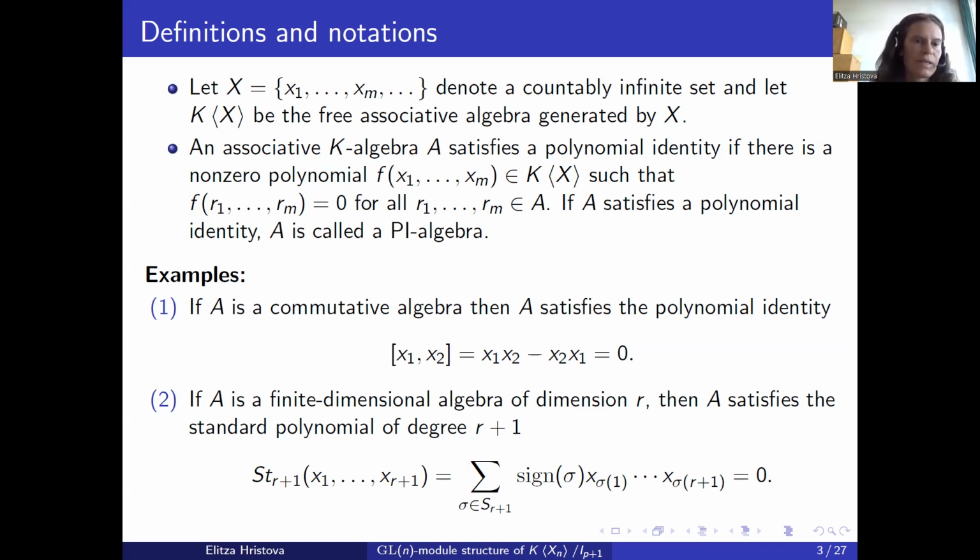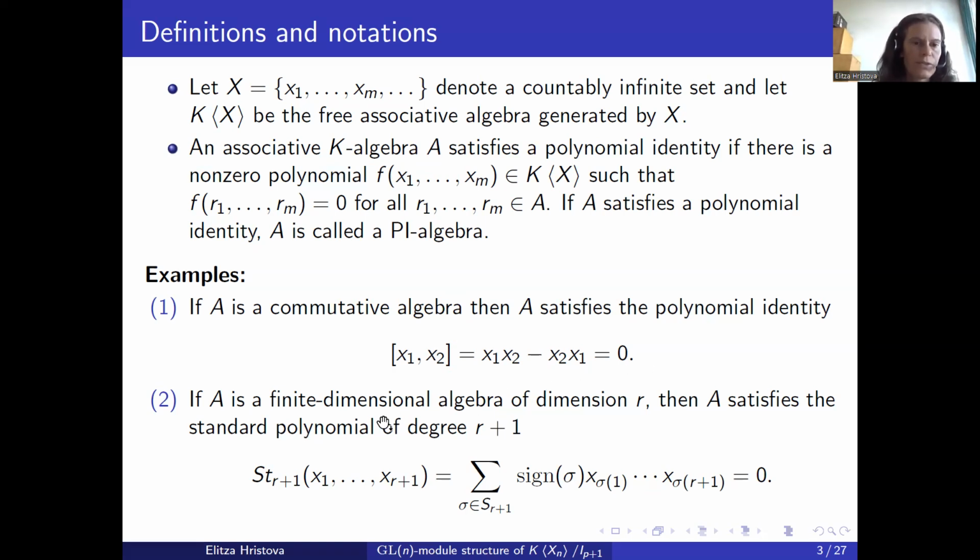Basic examples that we all know are, for example, the commutative algebras, because any commutative algebra satisfies this polynomial identity, the double commutator being equal to 0 for any two elements of the algebra.